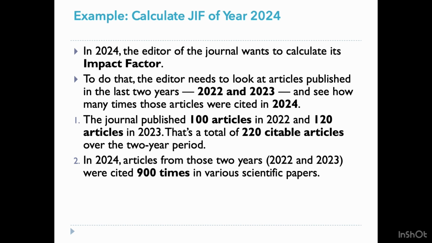In 2022, the number of articles published was 100, while in 2023 it was 120. So the total number of articles published in 2022 and 2023 was 220 citable articles, while the number of citations to articles published in this journal in 2024 was 900 times in various scientific papers.